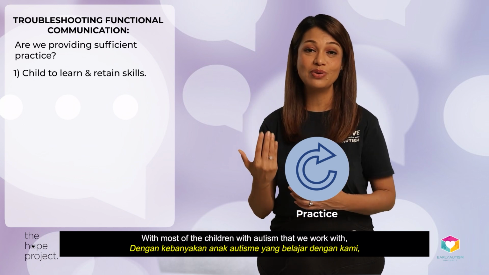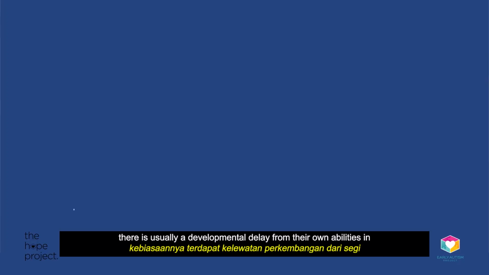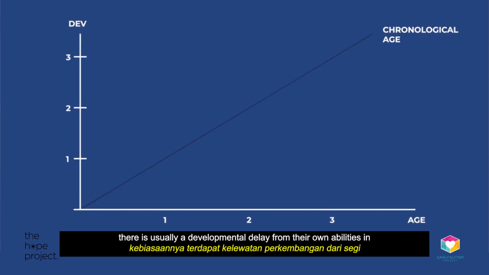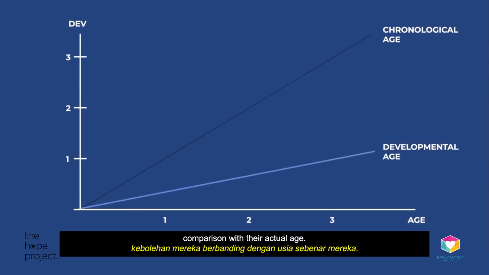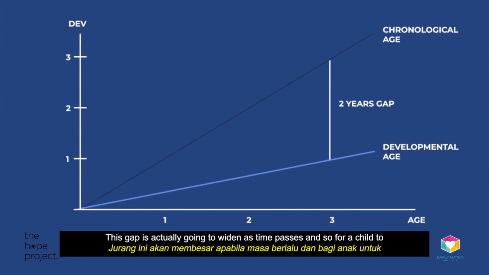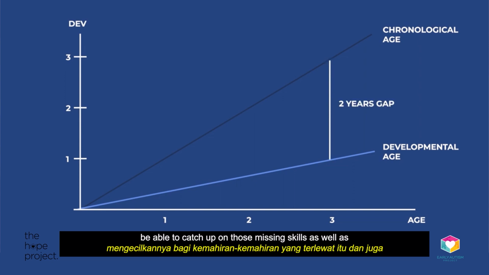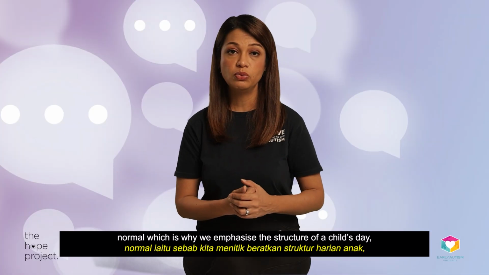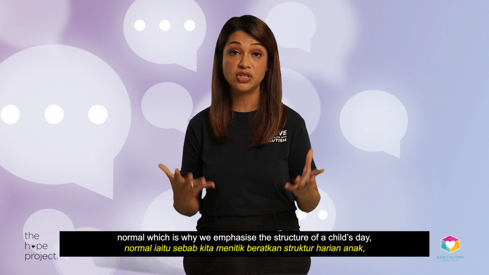With most of the children with autism that we work with, there's usually a developmental delay from their own abilities in comparison with their actual age. This gap is actually going to widen as time passes. And so for a child to be able to catch up on those missing skills as well as current development, a child needs to practice more times than normal, which is why we emphasize the structure of a child's day.